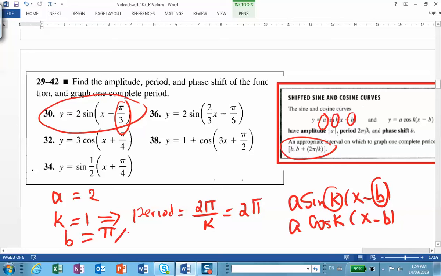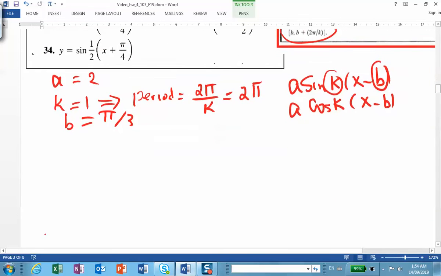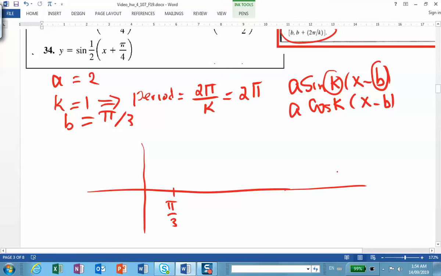So if I wanted to graph this, here's what I'm going to do. I go between pi over 3, say this is pi over 3, and pi over 3 plus 2 pi. So let me actually make this thing, pi over 3, and then probably pi is going to be here 3 times, and 2 pi is going to be there.